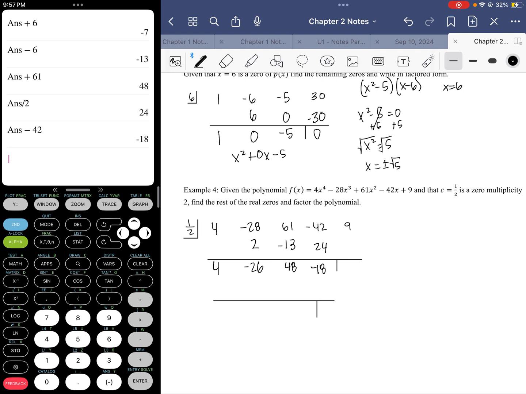Okay, so negative 42 plus 24 is negative 18, and negative 18 divided by 2 is a negative 9, which gives us a 0 remainder.